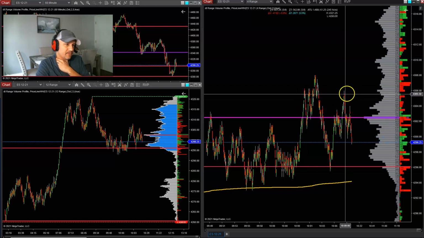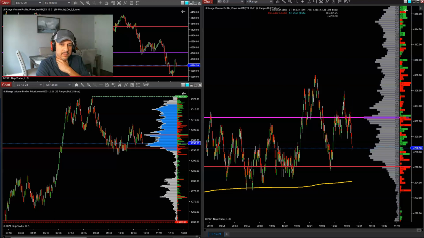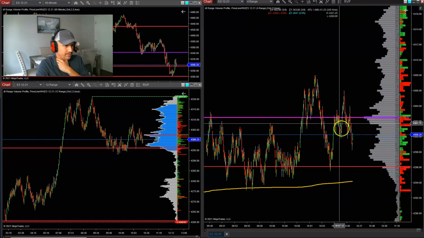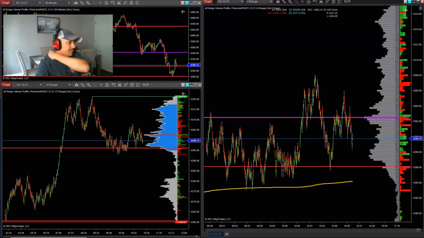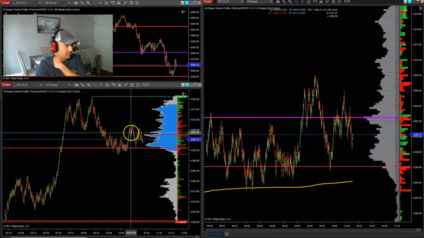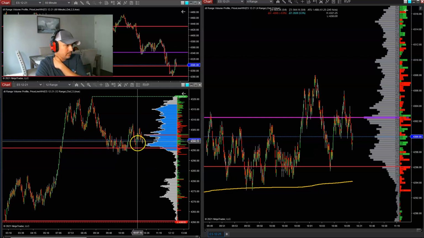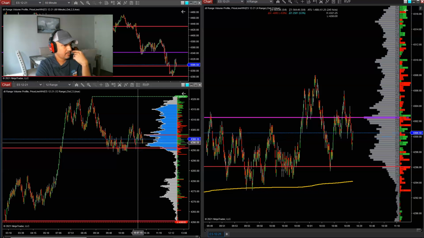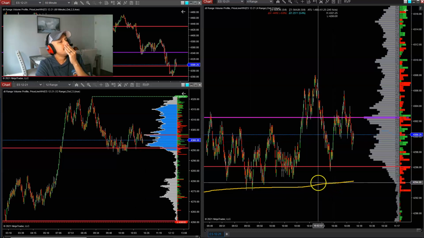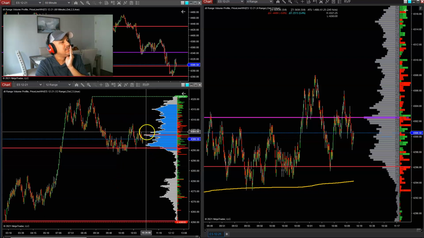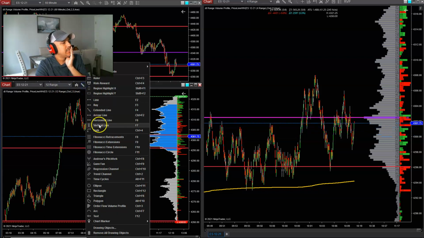This was a short, too close to the VPOC. Okay, here we go. We're too close. Nope, too close to resistance right here. Don't like it. Price is wedging right here.